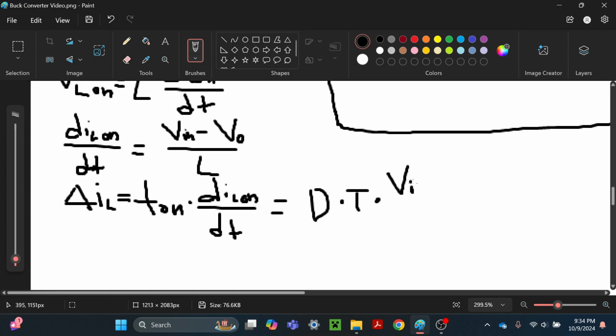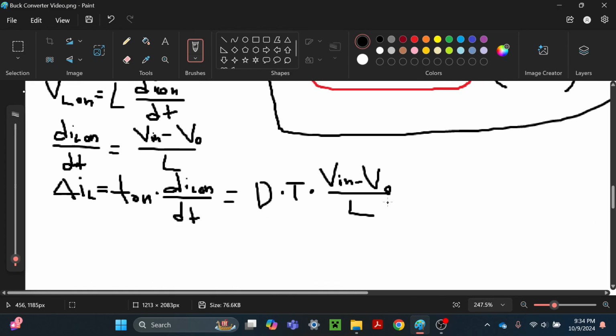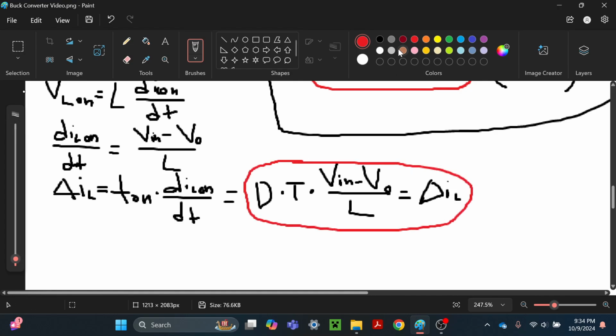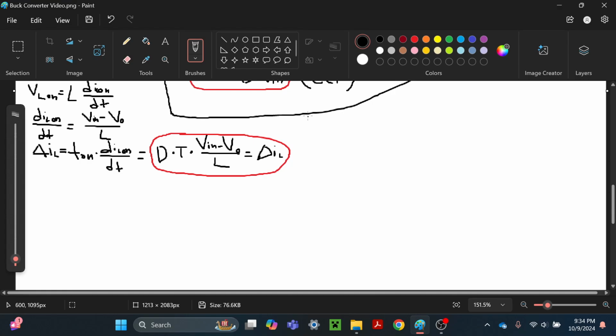Just say (V in minus V out) over L times D T is equal to delta IL. Nice.